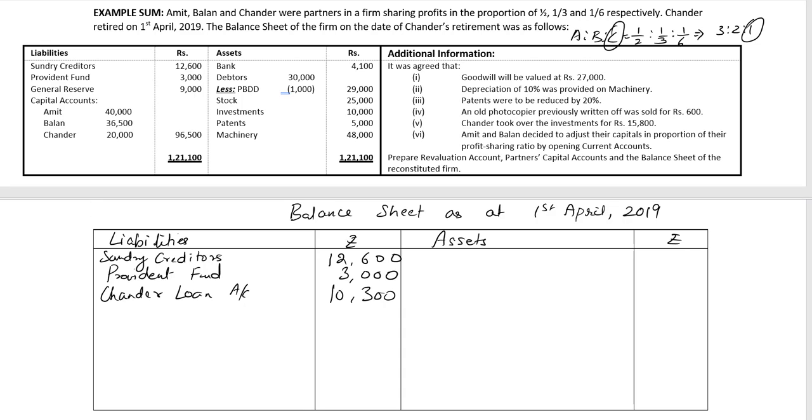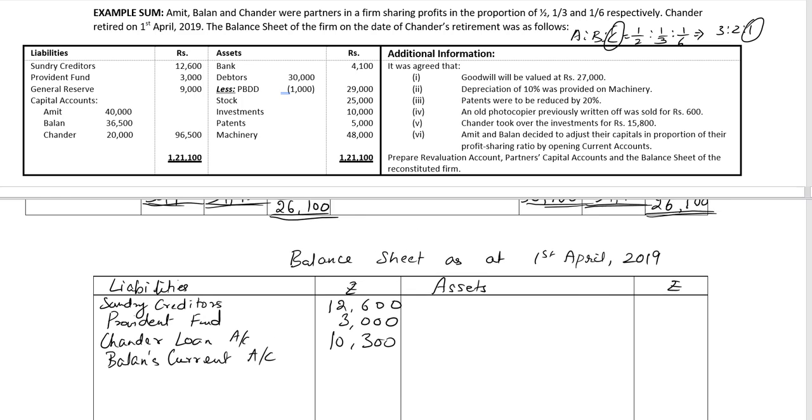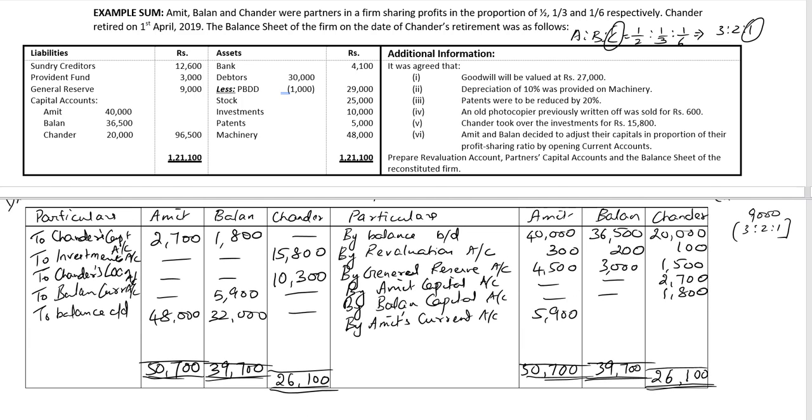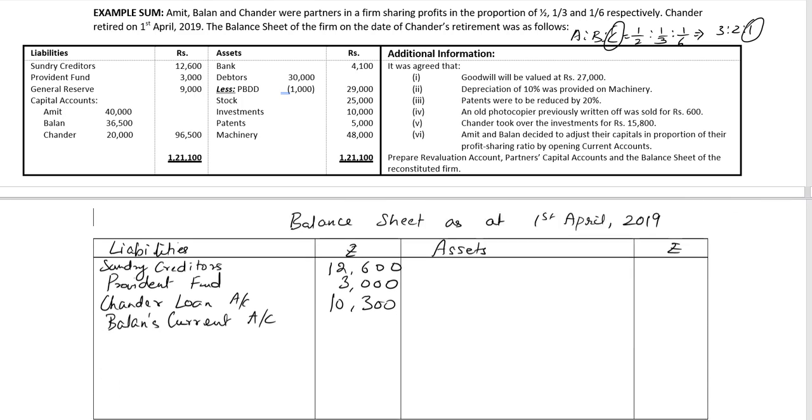We have credited Balan's current account. We need to bring it to the liability side because all liabilities have credit balance, and the amount we've credited to Balan's current account is rupees 5,900.